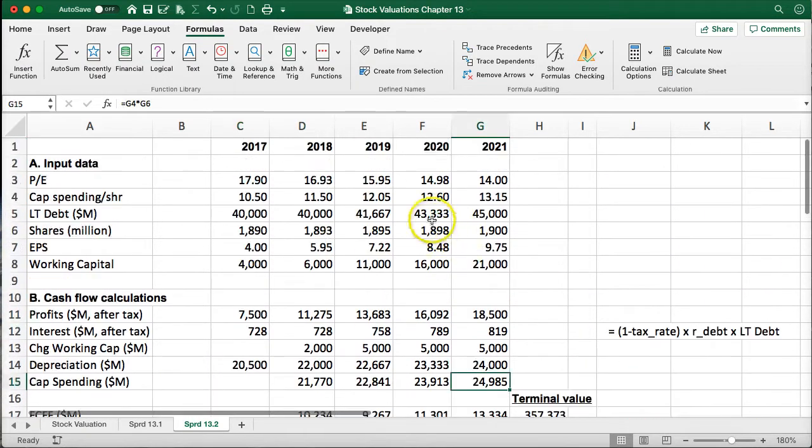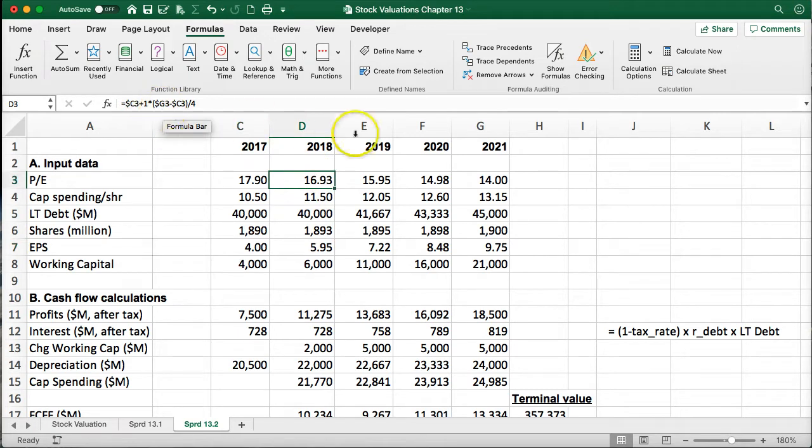So if you look here, we have the actual values. And then here, we're modifying the values by G3 minus C3 divided by 4.